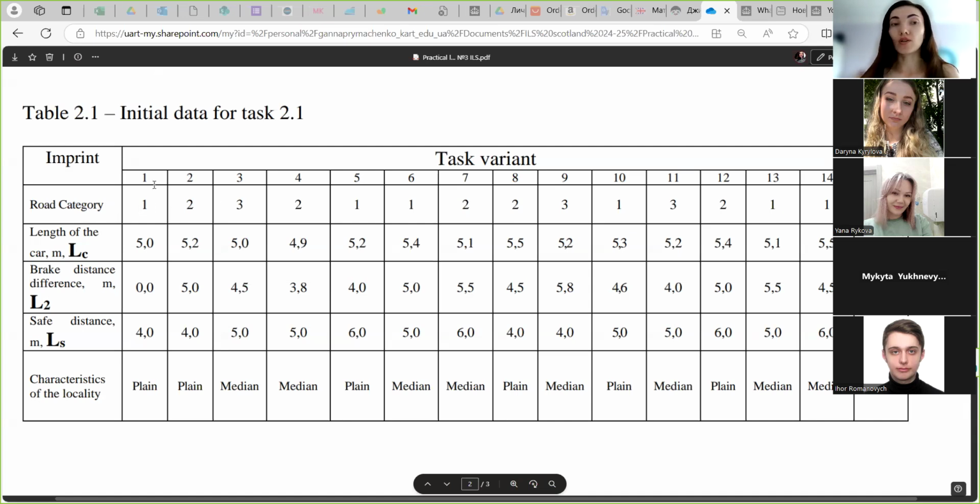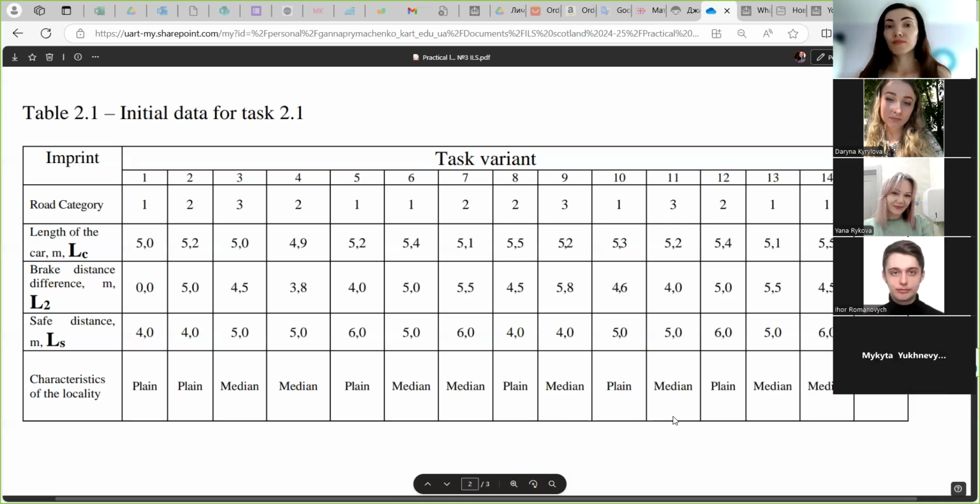It is the first category of road for the first variant. You should find it for your variant, of course. And the last line of our table is the characteristics of the locality. If it's plain, it is the second plane of our table 2.2. And median is some roads, mountains, for example, but we use them as roads. Okay, look for your variant, please.